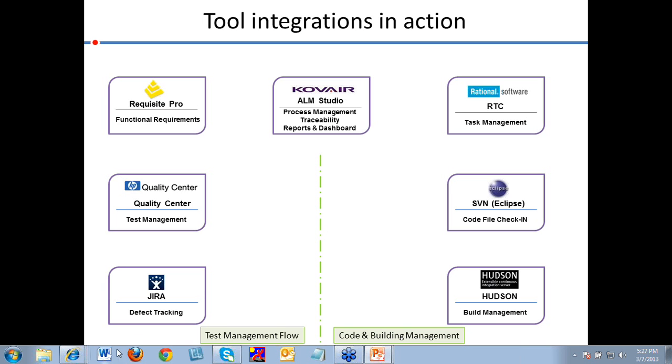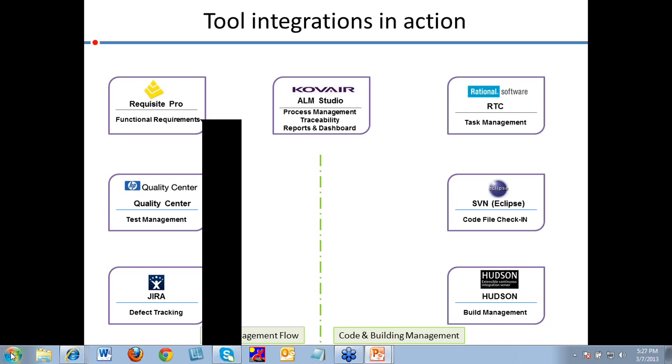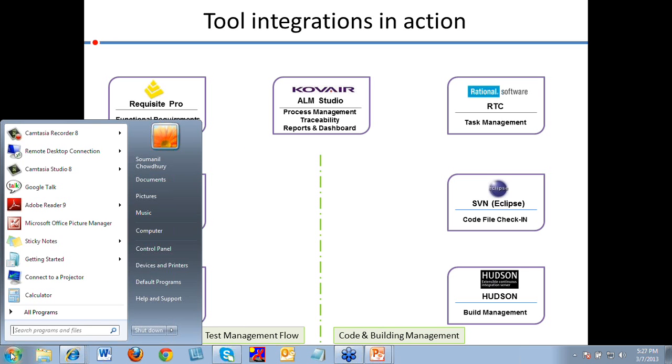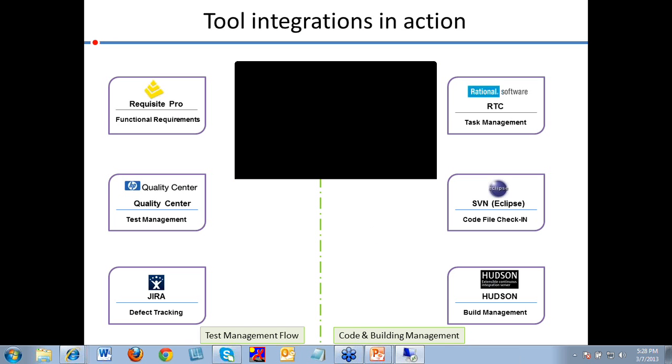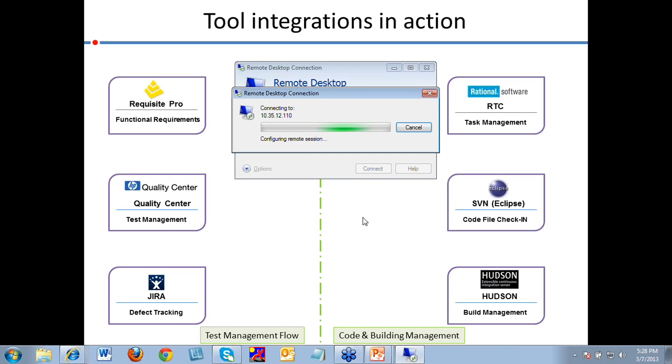So with this, let me start by submitting a requirement into the RequisitePro tool. RequisitePro is located on a different server, so let me log into that server to connect to the tool and enter the requirement.